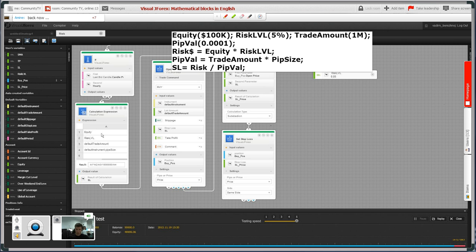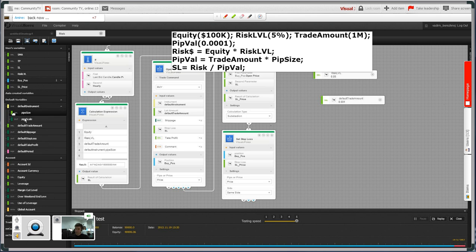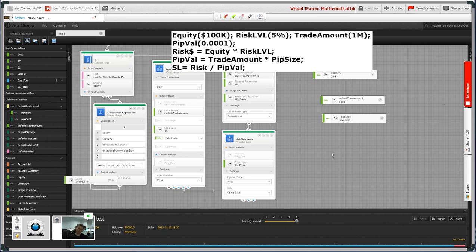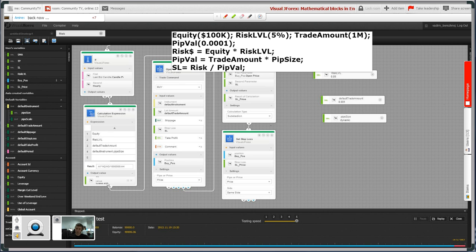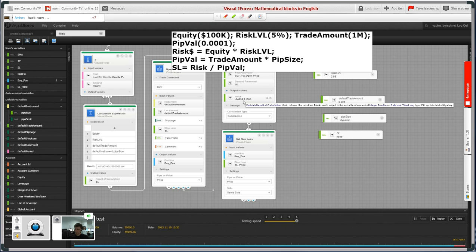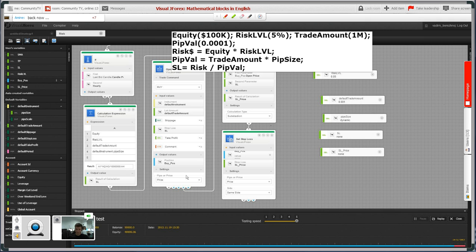The trade amount and pip value. The file instrument, pip size. Where we should get stop loss. And stop loss price. Got it. Now what else?